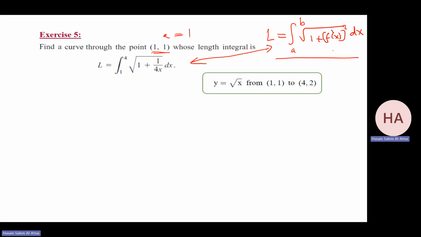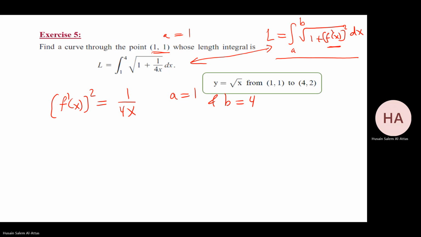He wants the function. From there, if I compare both, very clearly f prime squared is 1 over 4x, and A is 1 and B is 4. That's it. Now I need to find f through this.